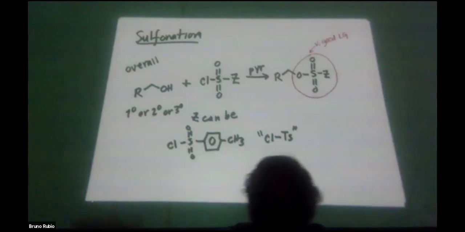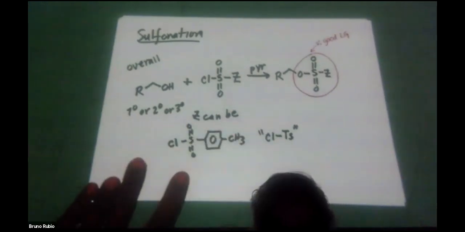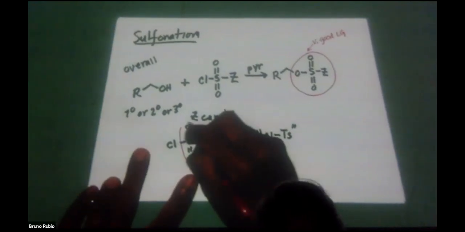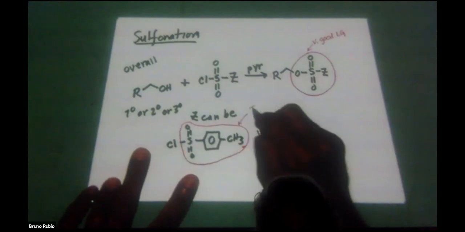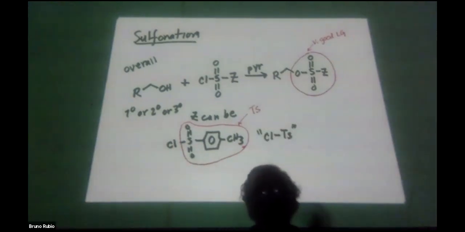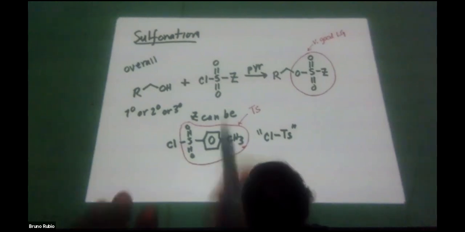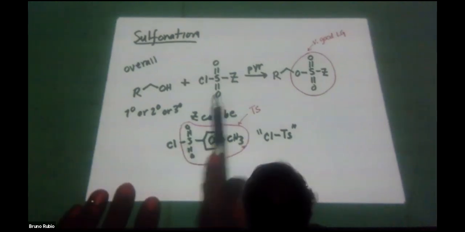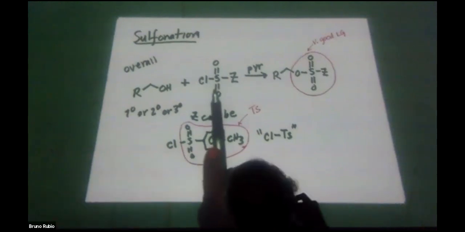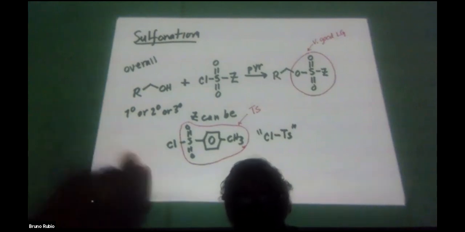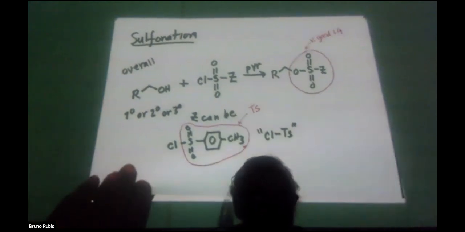But this whole thing here, I guess I better circle it. This whole thing here, that is abbreviated TS. So you see TsCl. TS is not an element on the periodic table. TS means tosylate. It means that this is the sulfonyl chloride that was used. All right, so I'm going to return to this in a second.